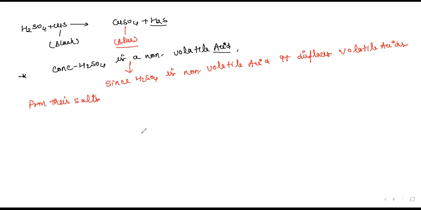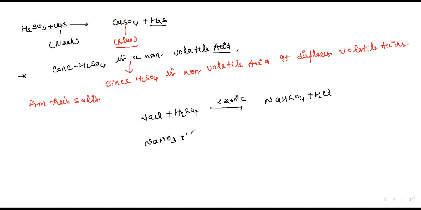Like if we take NaCl and H2SO4 at a temperature less than 200 degrees Celsius, then it will form NaHSO4 plus HCl gas. You know this reaction from the very beginning. And NaNO3 plus H2SO4 is actually the preparation of nitric acid.